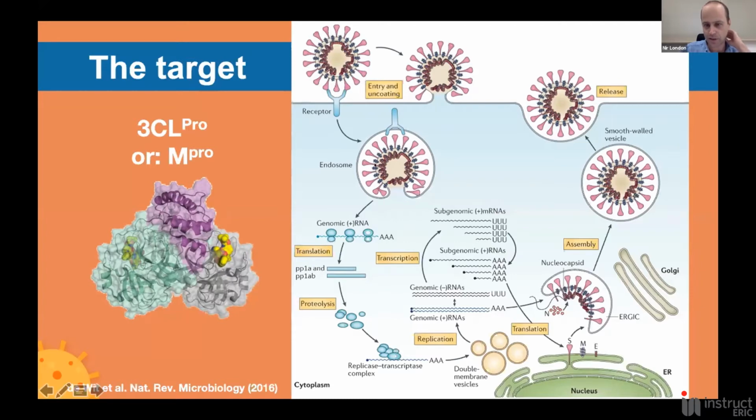After the virus enters the cells and translates its RNA into 2 large polyproteins, Mpro and another protease, PLpro, autocleave themselves from the polyprotein, and then process the rest of the polyproteins into the separate units that can then go on and continue the virus life cycle. So inhibiting Mpro and this processing step could serve as an antiviral for COVID-19. And this is an essential protein for the virus.